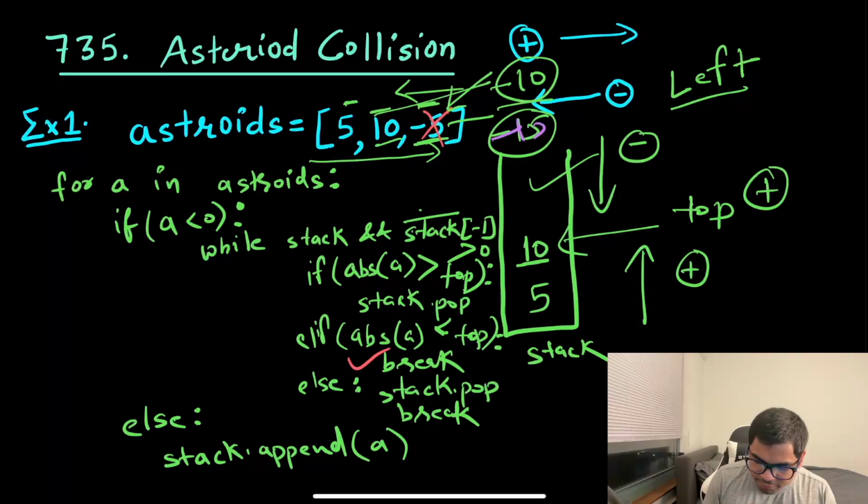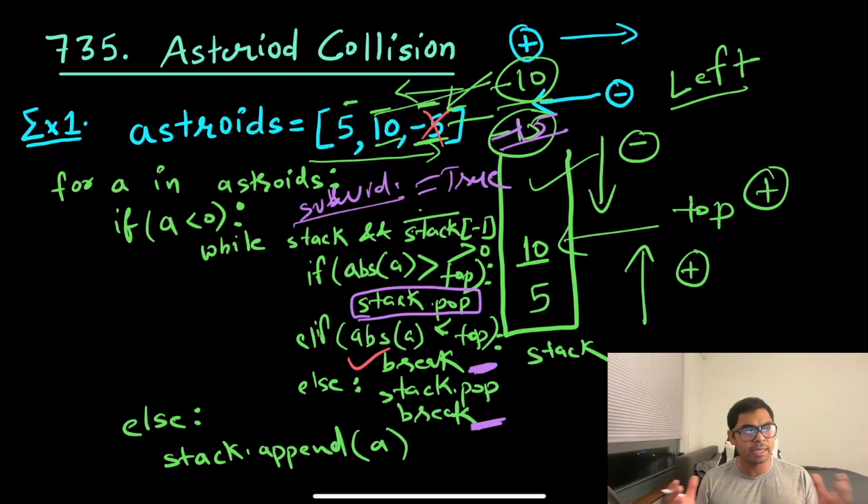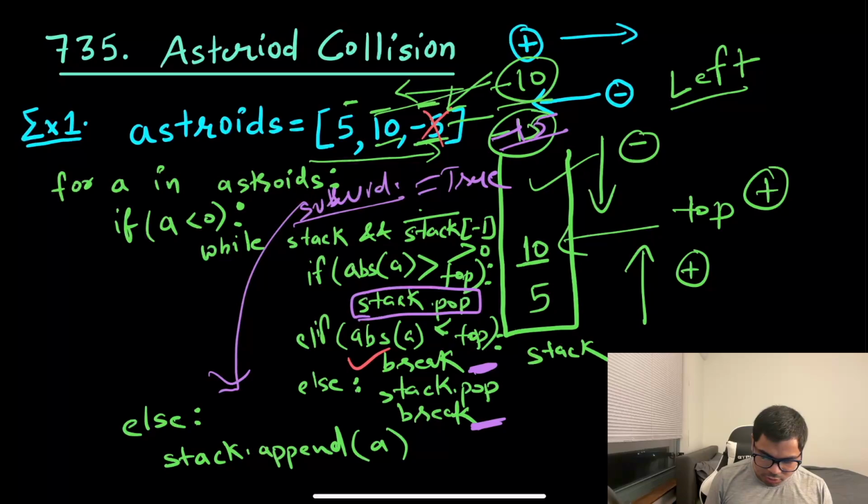Let's say if this was -15, that was the only condition where -15 didn't get destroyed. So we'll have a survived flag, initially true, and these two places will mark it false, because in these two cases it gets destroyed. But if survived is true, we'll append this value to my stack. It must have destroyed these two, and then we add it to our stack, and that will be my final solution.